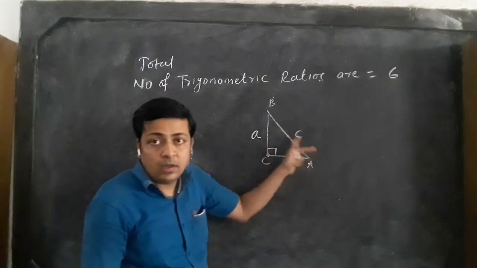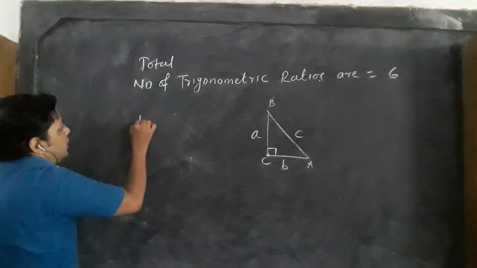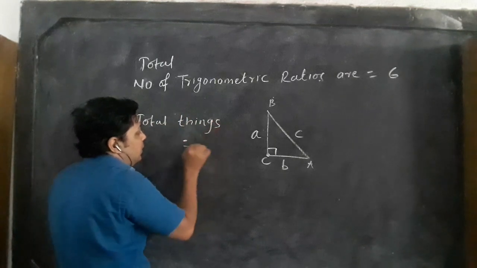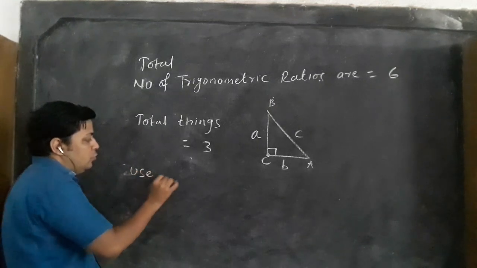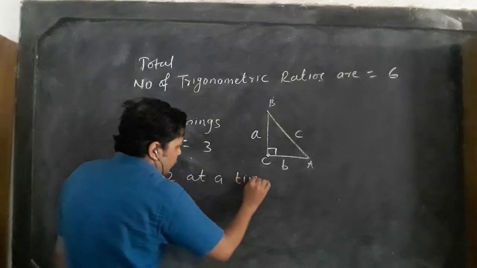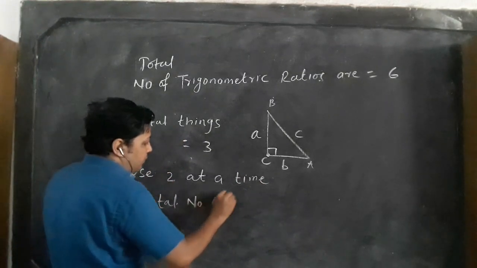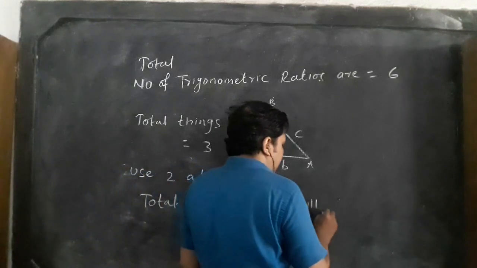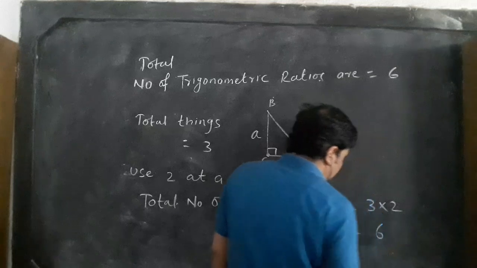So the total number of relations will be at maximum 3 into 2, that is equal to 6.